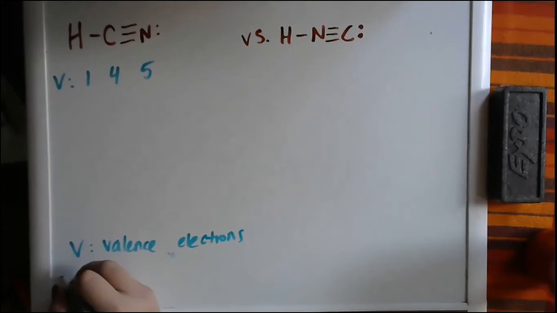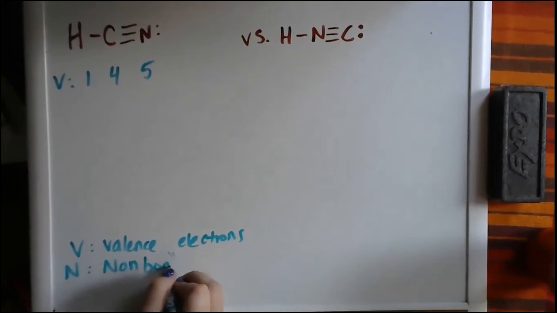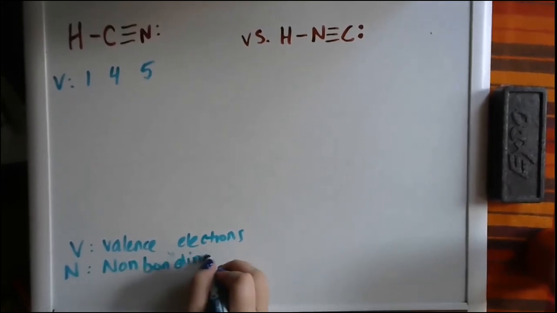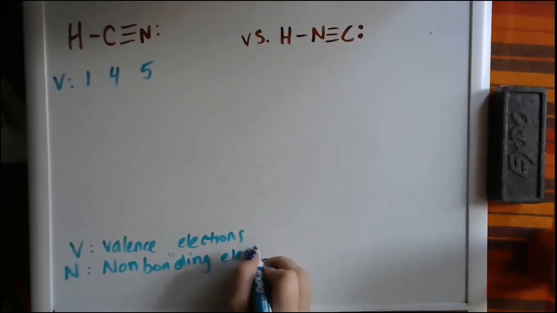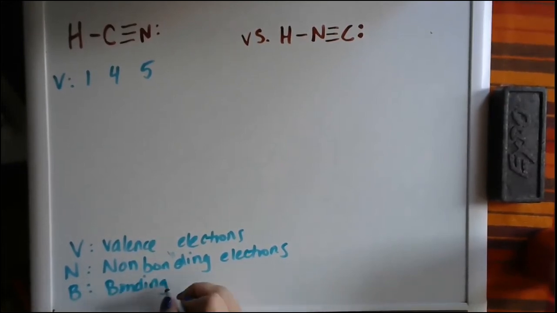And then I'll put N, and that will be our non-bonding electrons or our lone pairs. And then B will be our bonding electrons.